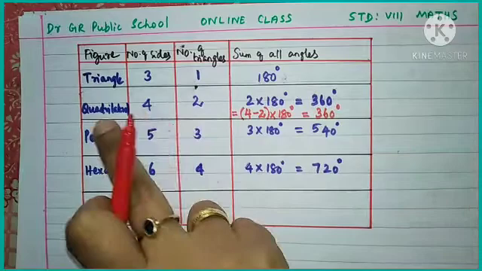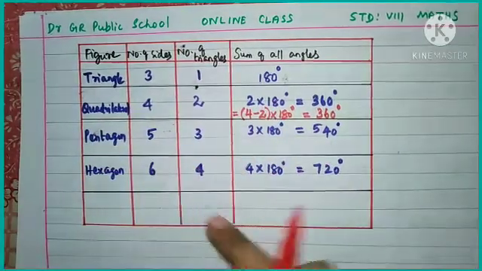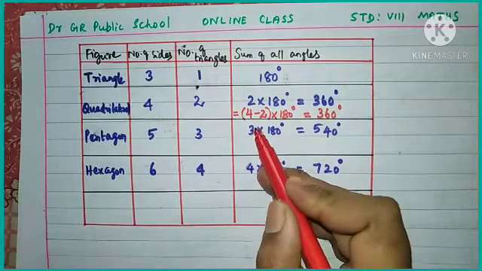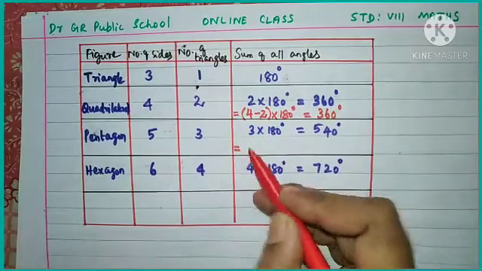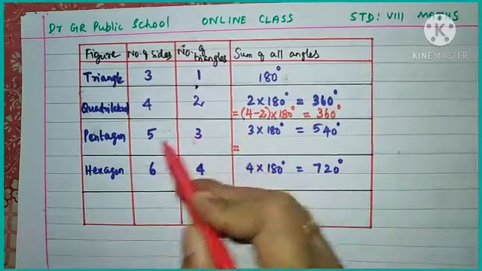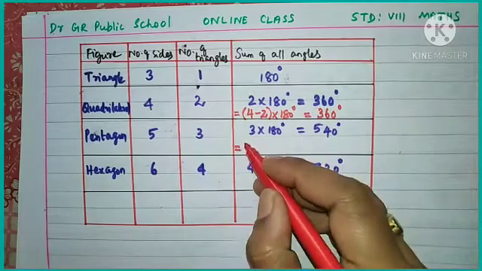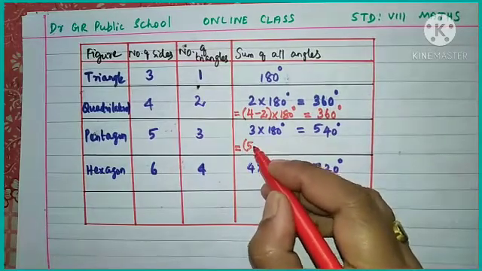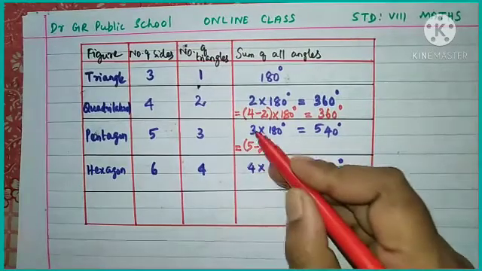Similarly, you come to this pentagon. This pentagon is having how many triangles now? 3. So this 3 I am going to write as, you see the number of sides of a pentagon? 5. So this 3 I am going to write as 5 minus 2. Correct? Yes. So 5 minus 2 is 3.